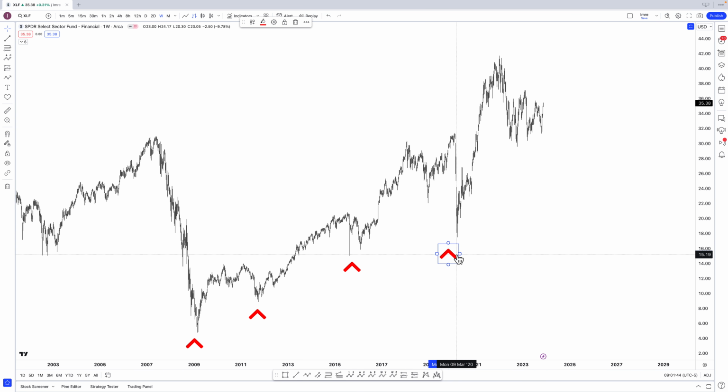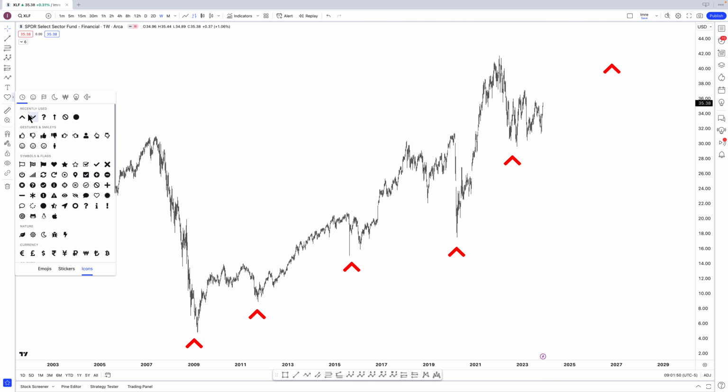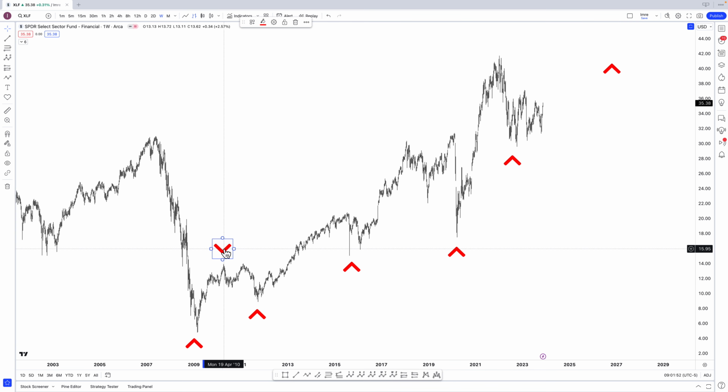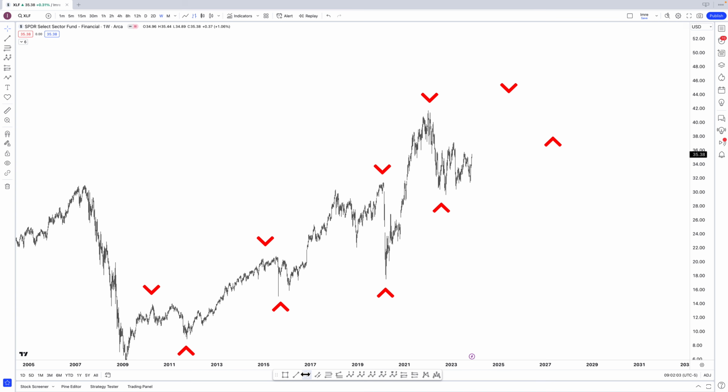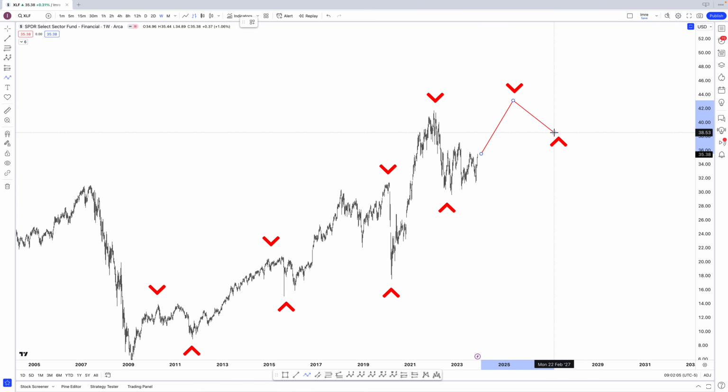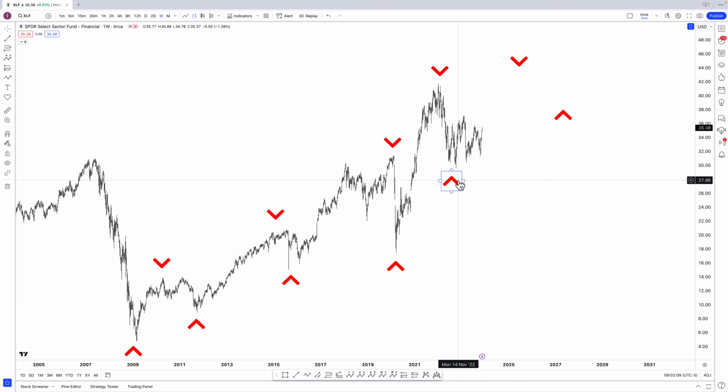So as long as we have a series of higher lows and a series of higher highs, don't I have to respect this uptrend? All I can say for now, I'm not saying we're going to get a higher high followed by another higher low, followed by another higher high. I'm just saying as of right now, we're in an uptrend.